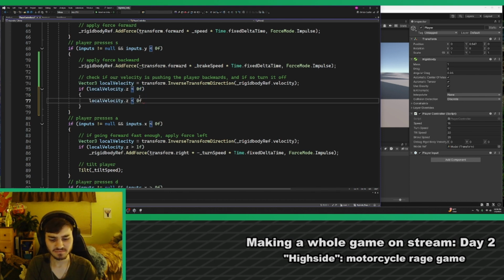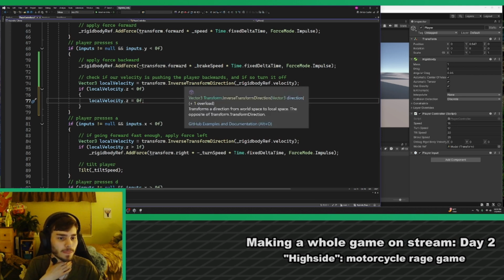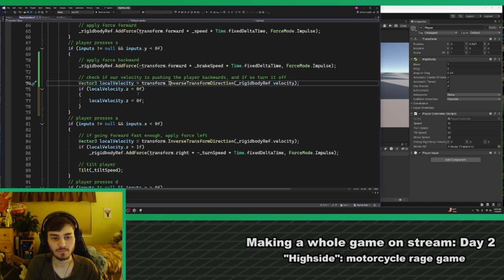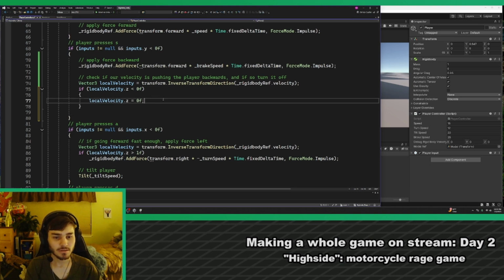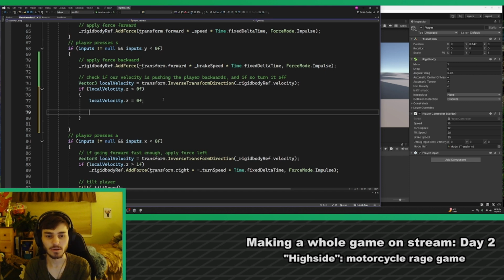Set it to 0. And then we do... Now we put it back into world space and set it to our rigidbody velocity.